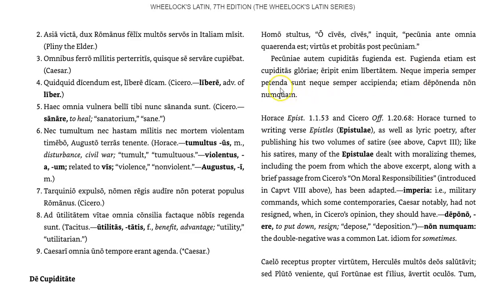I guess neither imperia semper. Yeah, this neque kind of makes it a little bit awkward, but the idea here is that nor is power always only to be sought or always to be accepted. Also, although it will never be completely vanquished, or in this case, never be completely put down.